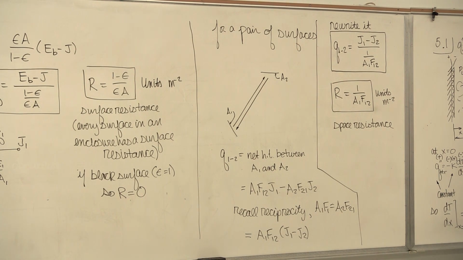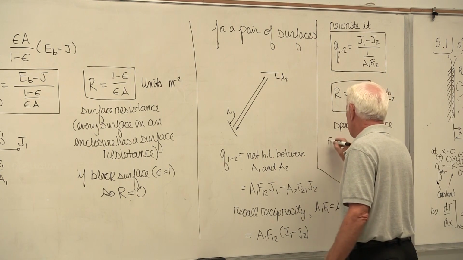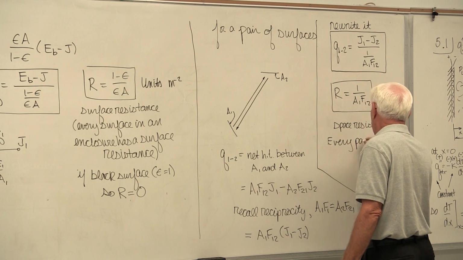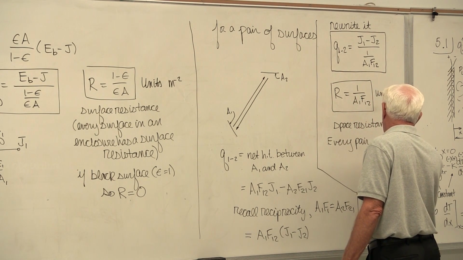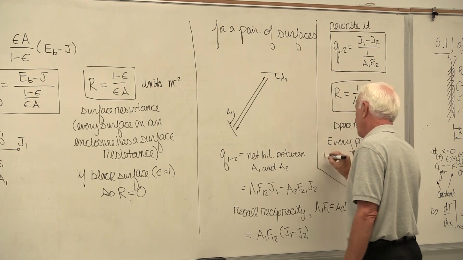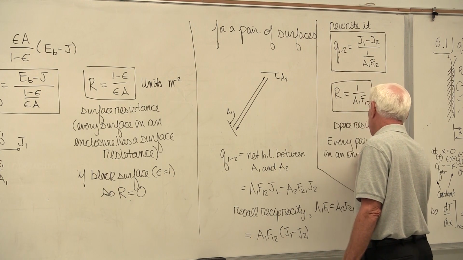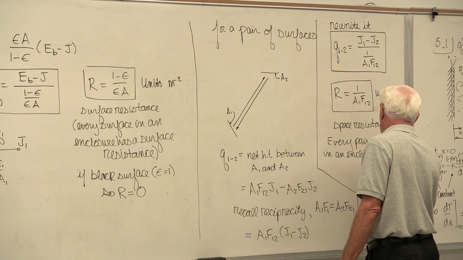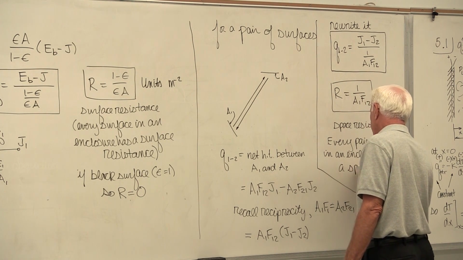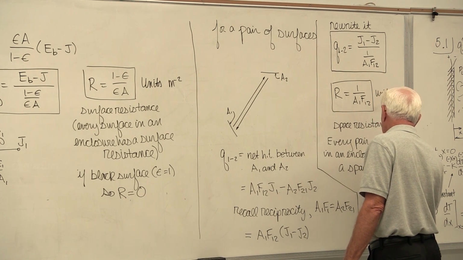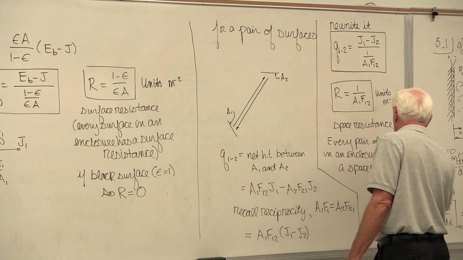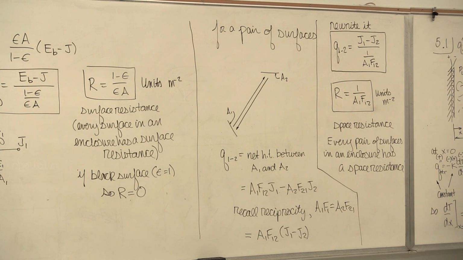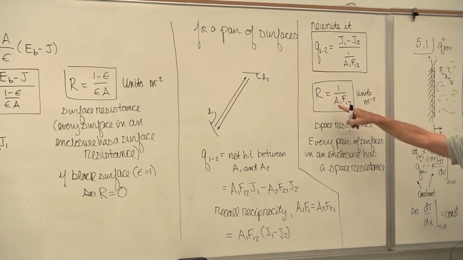So every pair of surfaces in an enclosure has a space resistance. If F12 is small, that resistance is big. If F12 is big, then that resistance is small.